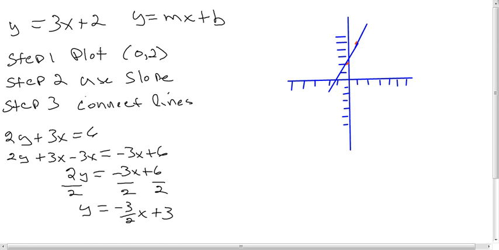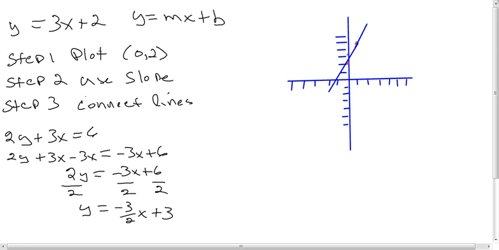So we will look at our y-intercept, and our y-intercept is actually 3. So from the origin, we're going up 3, 1, 2, 3, and this point is going to be here. Okay, great.